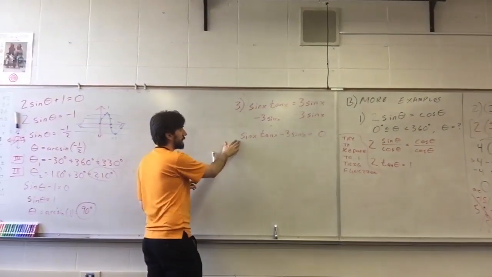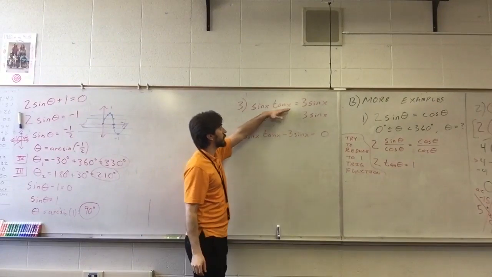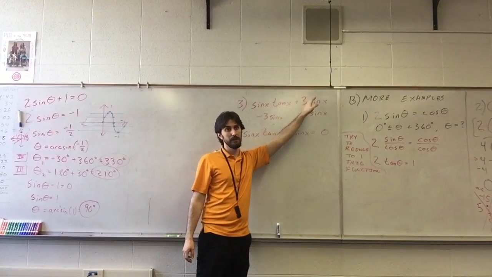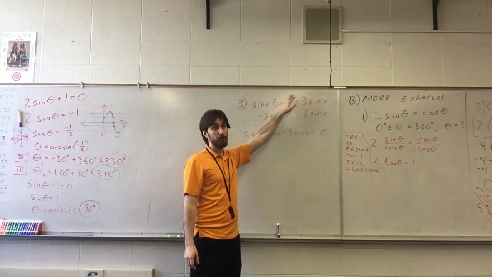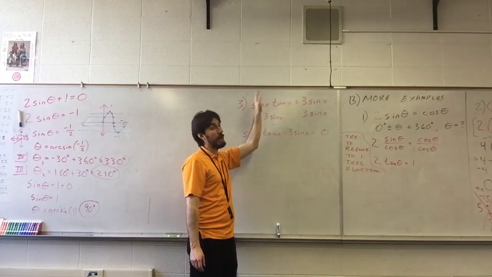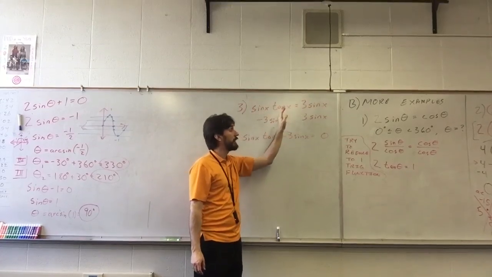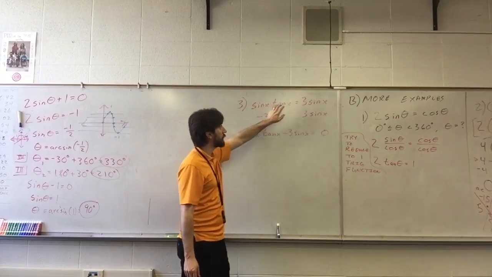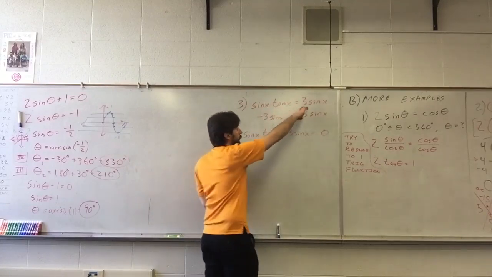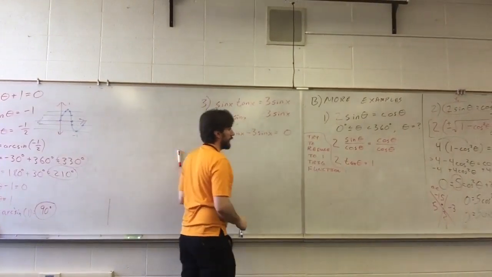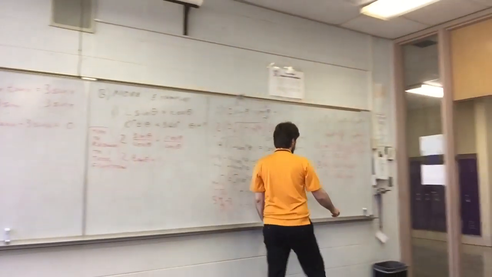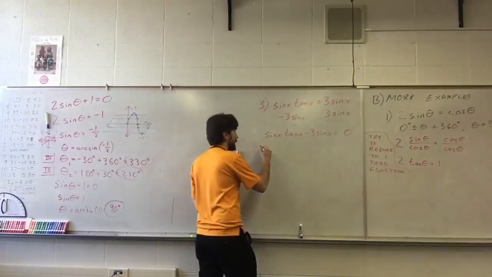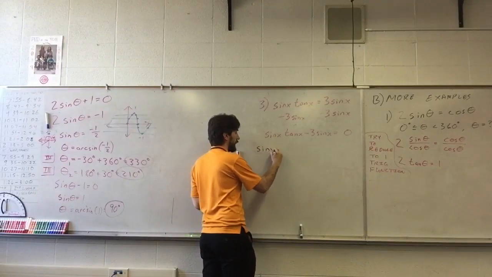A strong hint that this is going to work is if you divide both sides by sine, they'll cancel out. Now that's going to make you lose a root, which is why you're not really going to divide both sides by sine. But if you notice that you could divide to get rid of a trig function, that's a strong hint that if you subtract it to the other side and then factor it out, you'll be able to solve this relatively easily. So if we factor out sine of x, since they both have it, you'll get that.